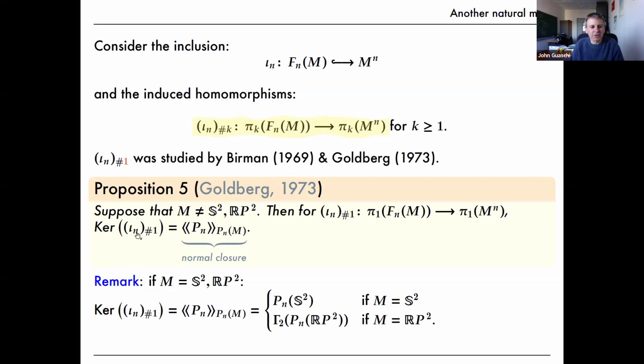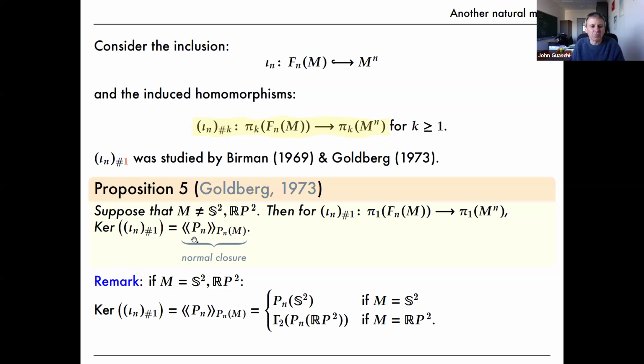So he calculated the kernel. And it turns out, you can kind of see this, think about it a bit. You can see this geometrically. Obviously, you have to work a bit harder to give a proof.